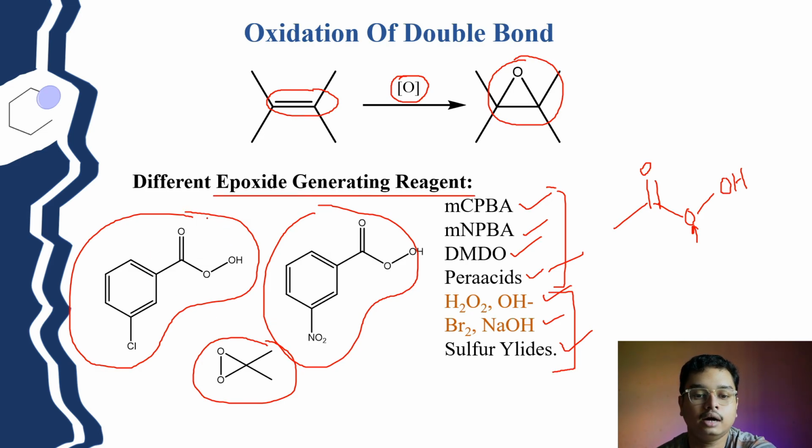They are used for epoxidation because this particular oxygen center is electron deficient, and due to this electron deficiency, these are all called electrophilic epoxide generating reagents.